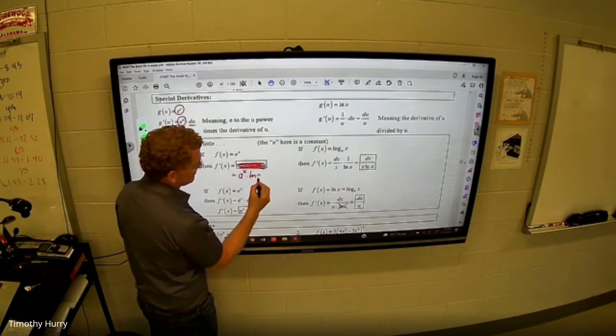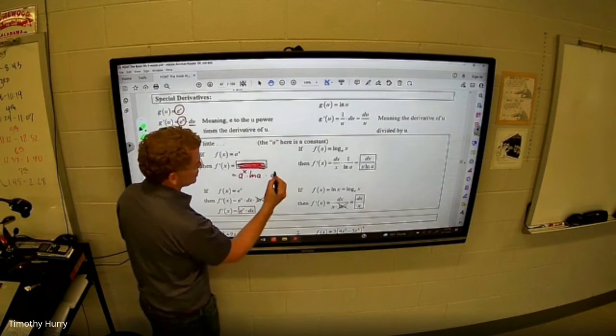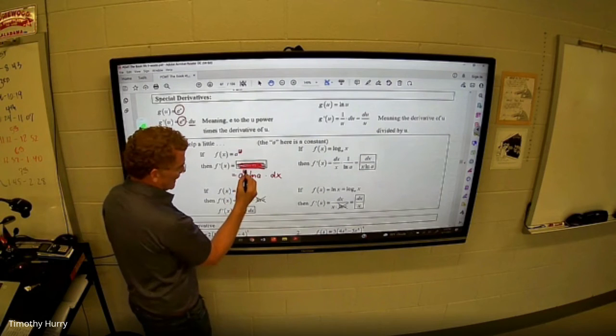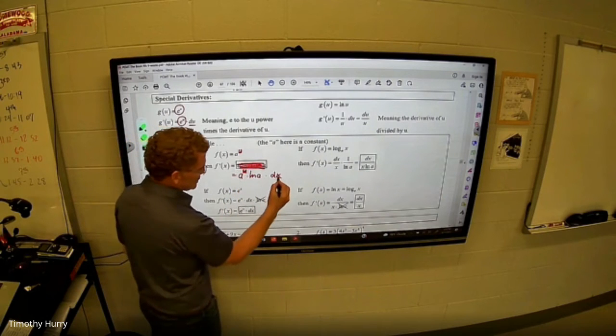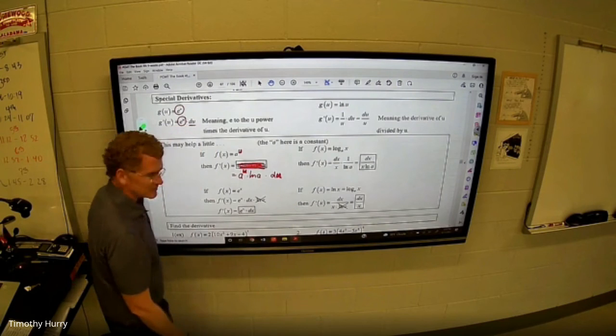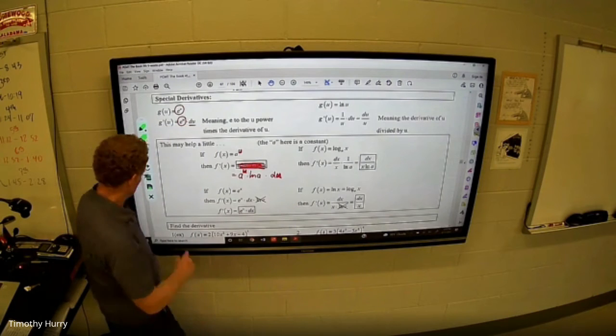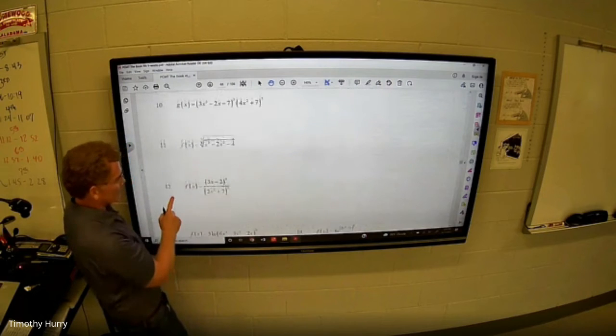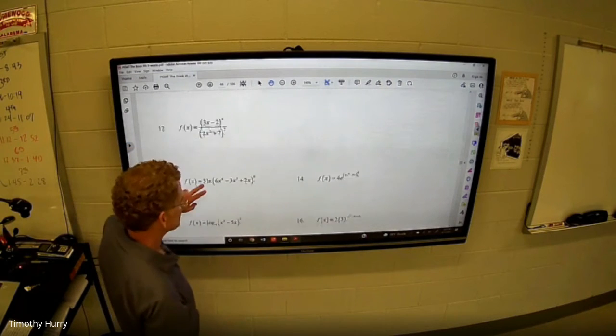Natural log of the base, and take care of the chain rule, the dx. So if that x was a u, you're going a to the u, ln a, derivative of whatever that u is. All right? Where do we see that? Look at number 14.